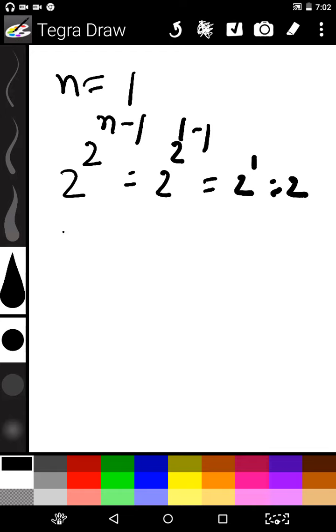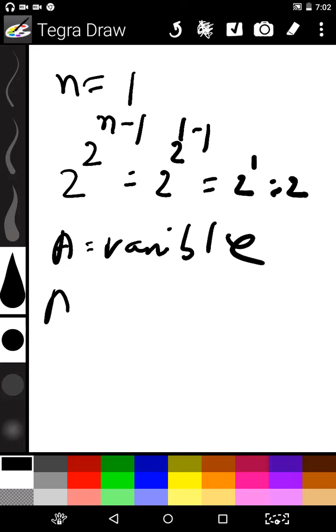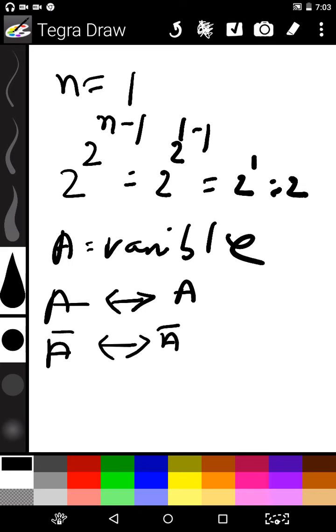Example: let a be the variable. Its self dual form will be a, and the dual form of a bar will be a bar. For a single variable, these are the two self dual expressions.